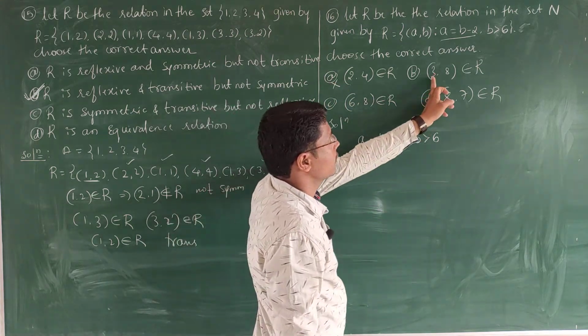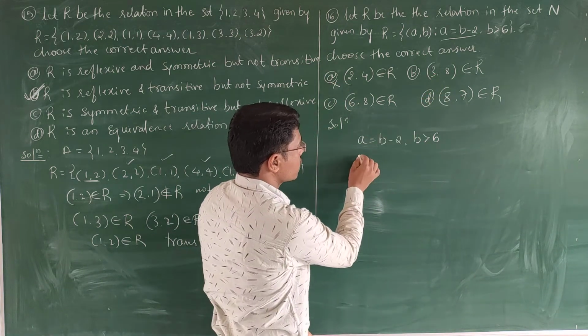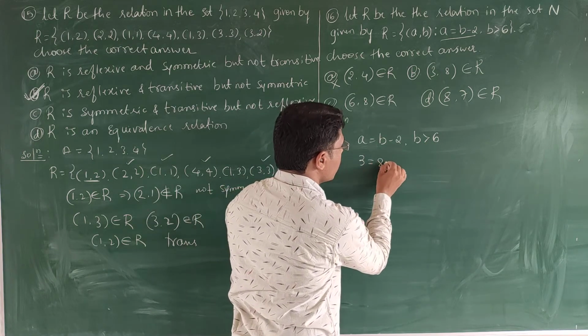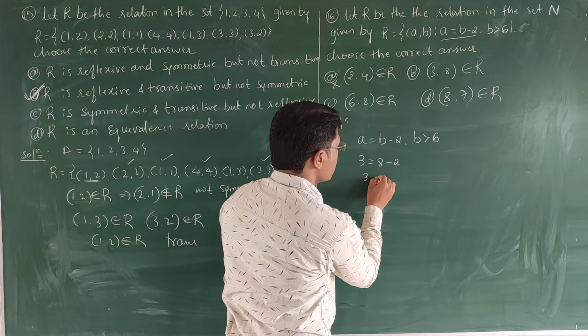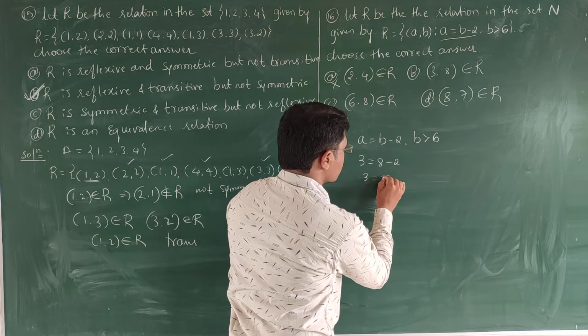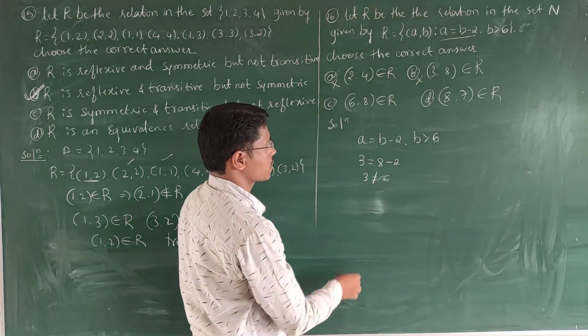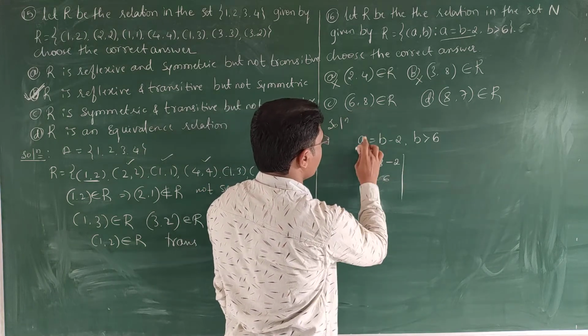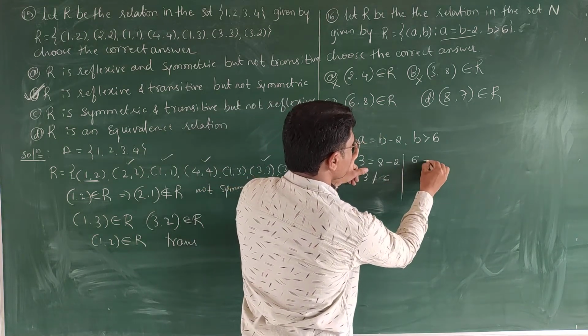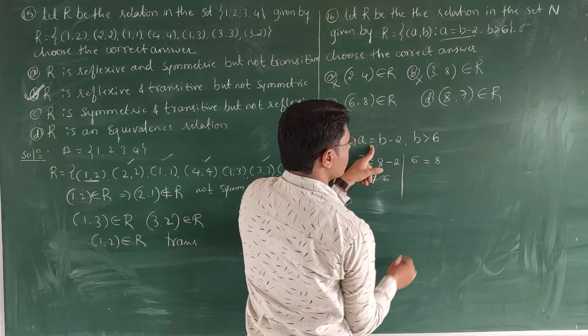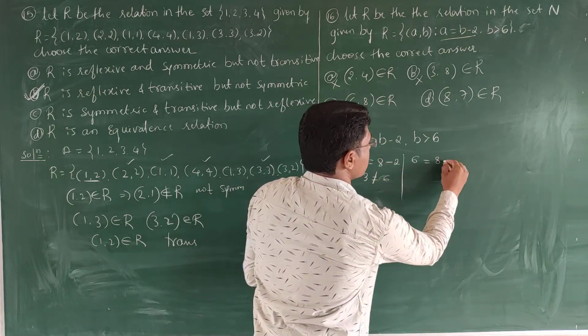Okay. Next (3, 8), put in this relation. 3 is equal to 8 minus 2, 3 is equal to 6. It is not possible. So the second one is also not possible. Next (6, 8). a is equal to 6, b equal to 8, and 8 minus 2 is 6.